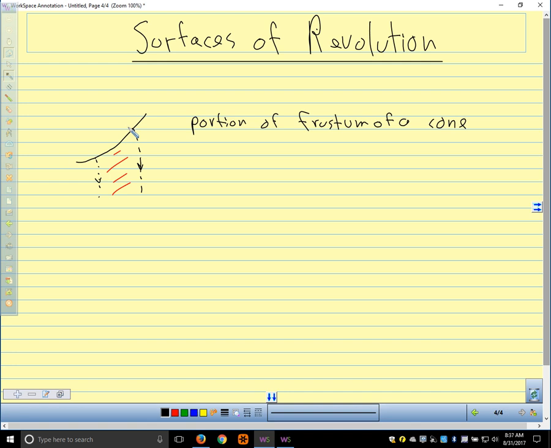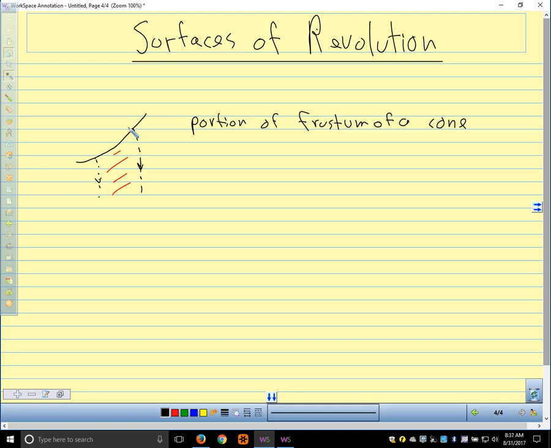So we're going to use the area of the frustum of a cone as our surface area for our surface area integral. And it goes through the derivation on that worksheet, how we come up with a formula for the area of a frustum of a cone. So that's the formula that we're using in our arc length integrals.